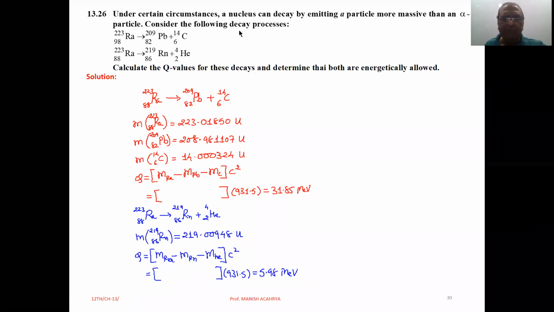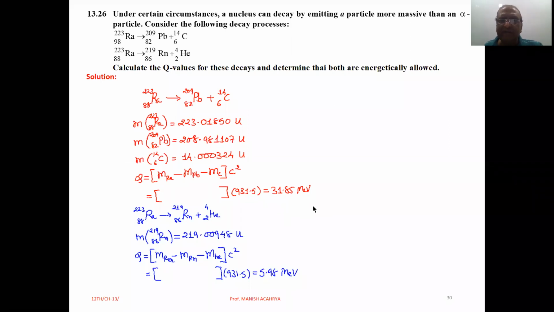So here substitute the values of all these masses. Masses are in terms of U, so directly multiply it by 931.5. You will get the answer, that is 31.85 MeV, and your Q value answer, that is positive.